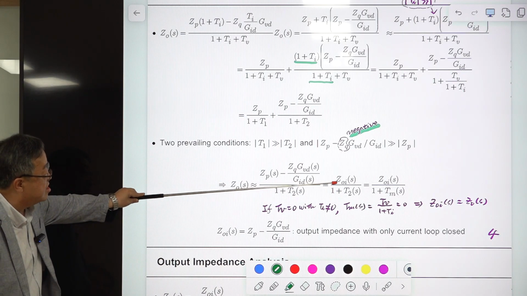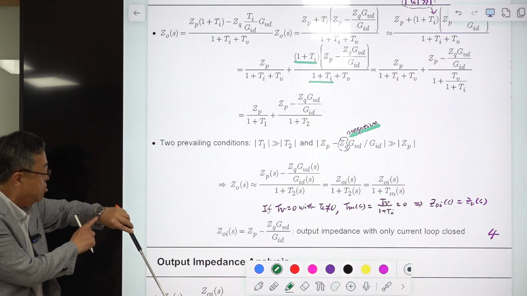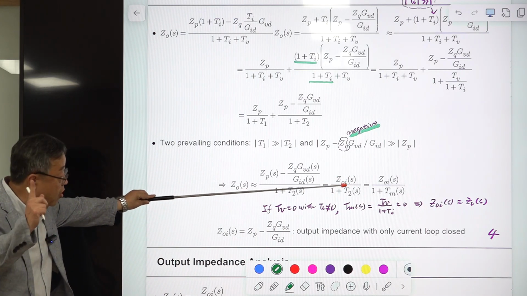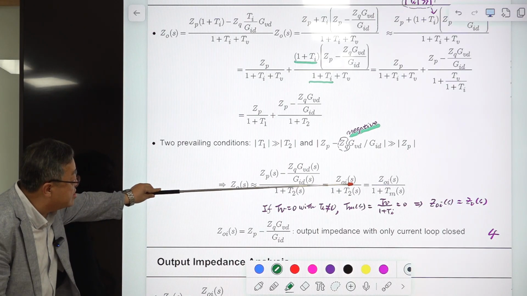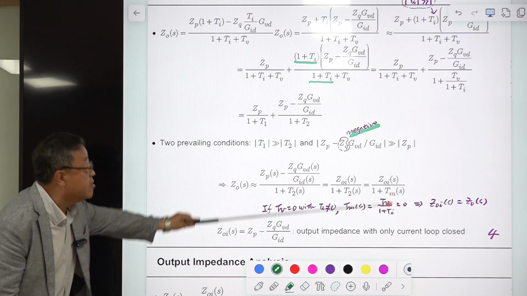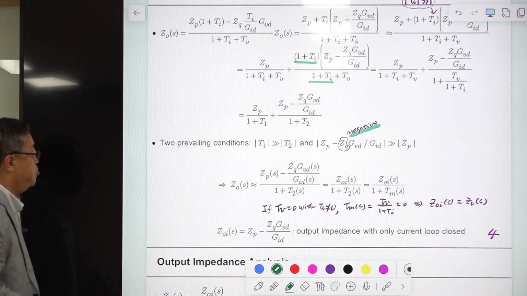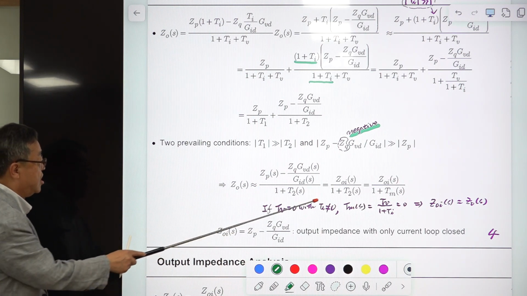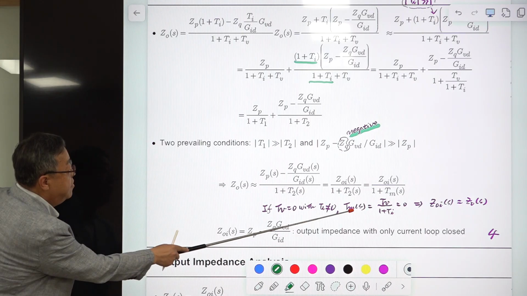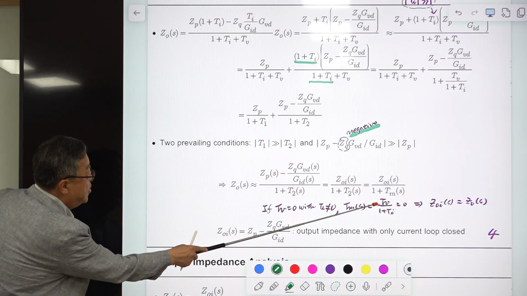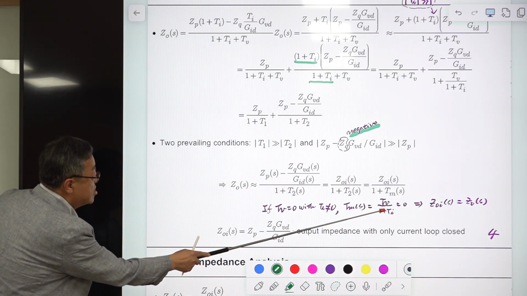And this GOIS is coming here. Okay, just 1 minute. And the GOIS is this one. Okay, so you have this. This is the final expression of output impedance. But T2 is this one. Okay, T2 is TB divided by 1 plus TI.